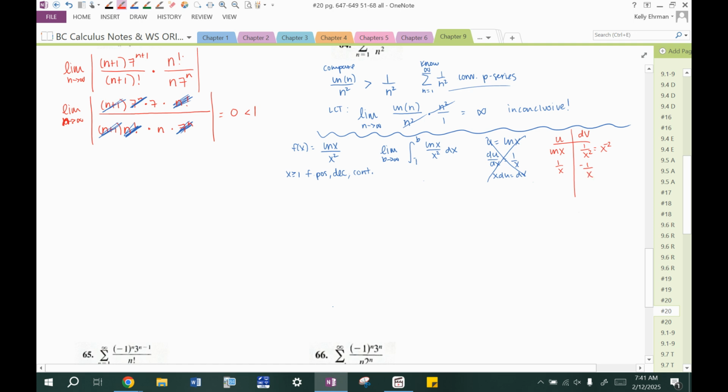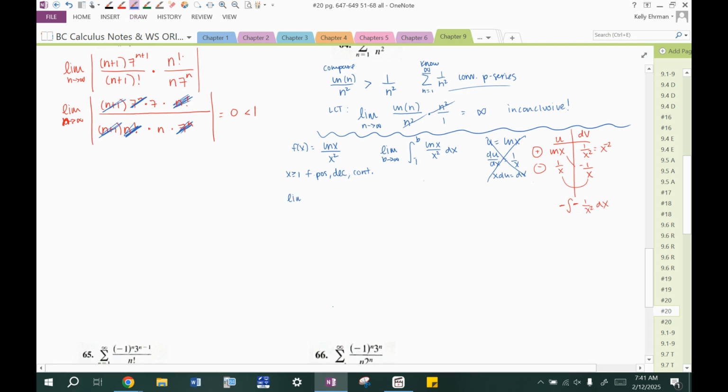All right, so then what do I get for this? So I get plus, minus, cross your diagonal, loop around. This is going to be minus negative 1 over x squared. All right, so let's look at what we have when we start setting up this integral.